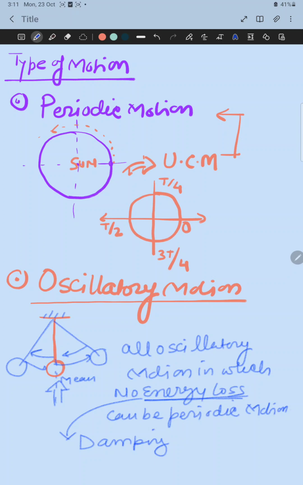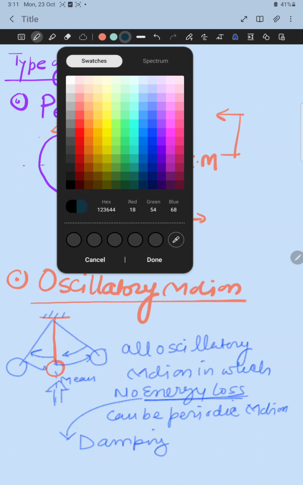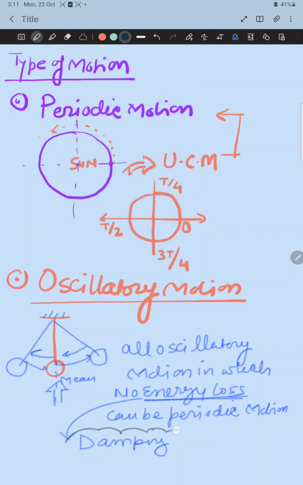In recent years there was a question asked about damping motion in Mains. In damping motion, where energy is lost, the amplitude keeps decreasing. What is amplitude here?